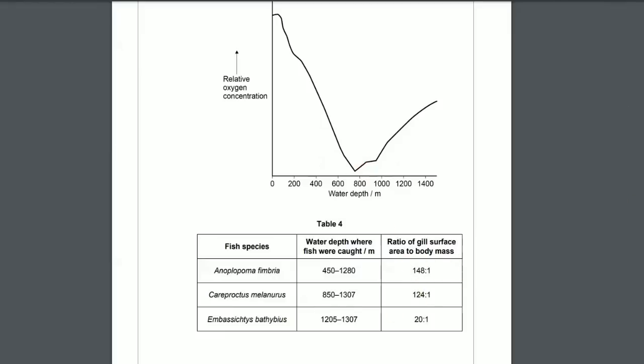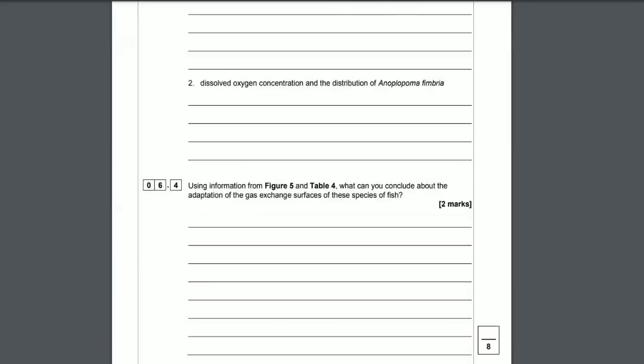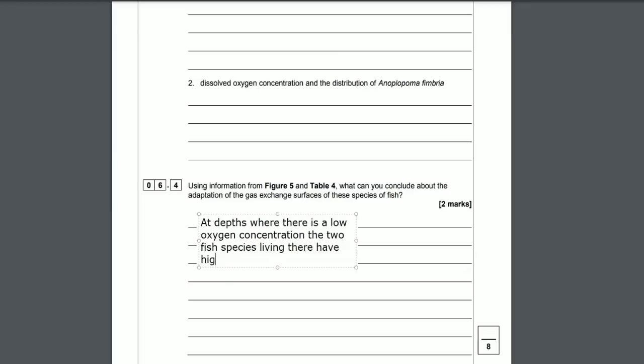They need to maximize the rate of gas exchange. So they're going to have a large gill surface to body mass ratio. So we want to say the fish in the lower oxygen concentrations, or at depths where the oxygen concentration is low, tend to have a larger surface area to body mass ratio. Surface area of the gill to the body mass ratio.